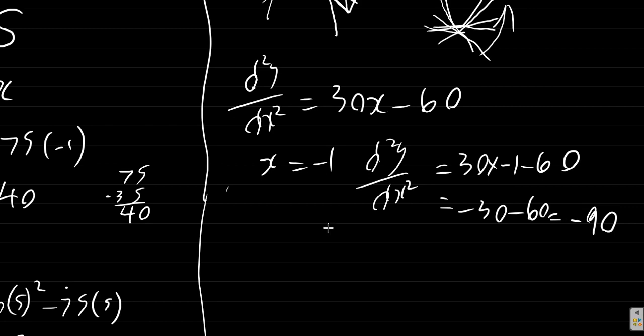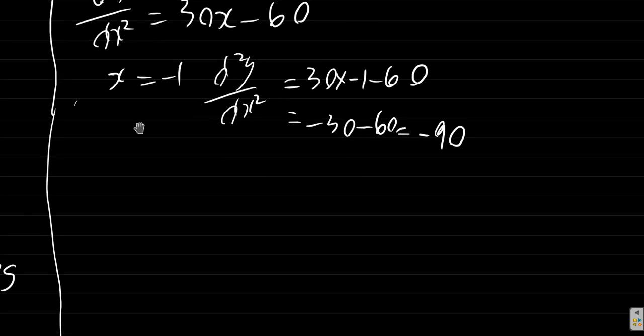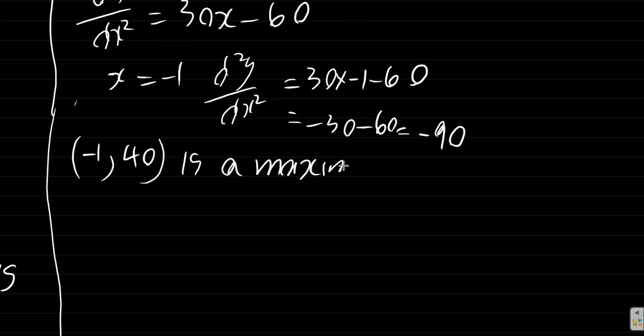Negative 90 means that negative 140 is a maximum point. That's the nature of the point, maximum.